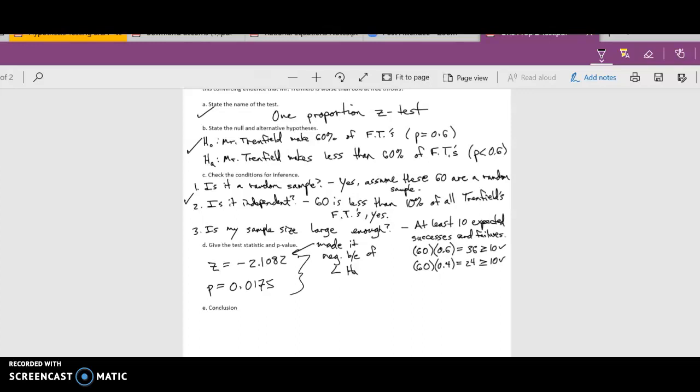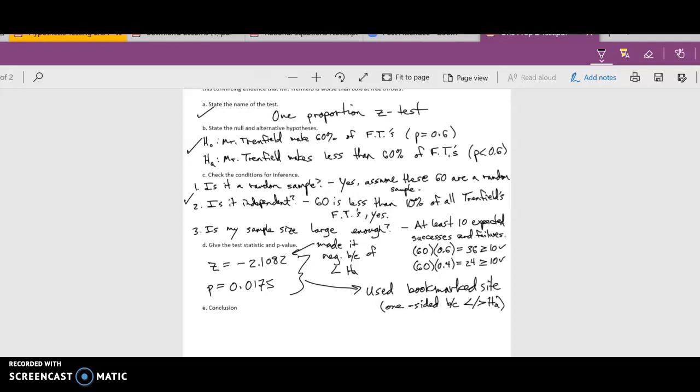We got both of these from the bookmarked site, and we did one-sided because of a less than or greater than alternative hypothesis. If it was not equal to, we would have done two-sided.